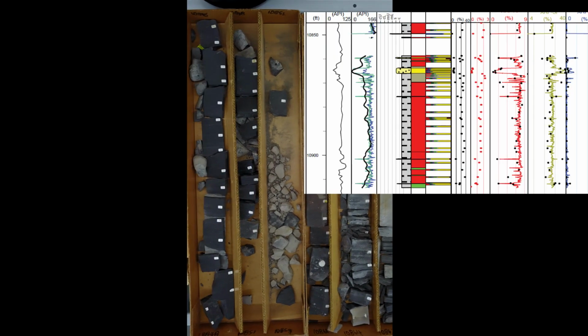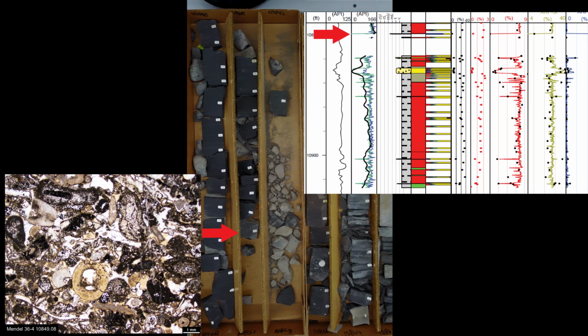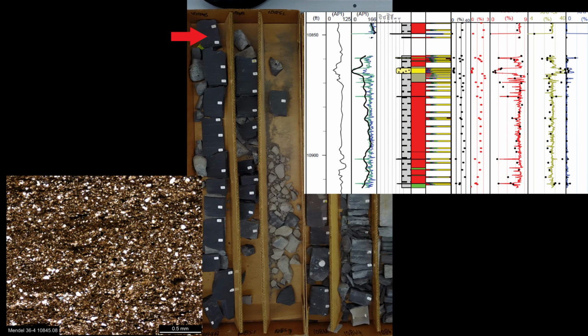Above that we got some more siliciclastic mudstone with debrites and carbonate fragments. Then we have a core gap here, and then just above it we have a 10 centimeter bed of bioclastic packstone with crinoid and fusulinid, and then capped by some pretty dark siliciclastic mudstone.